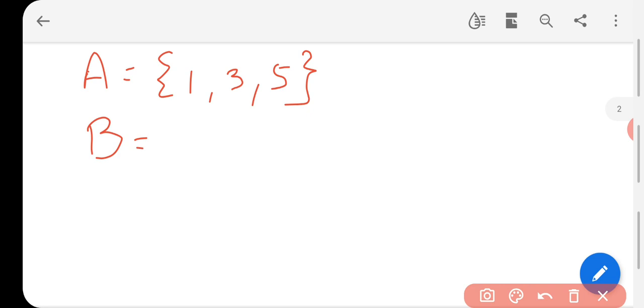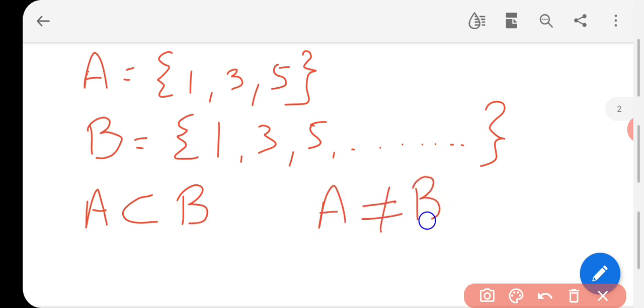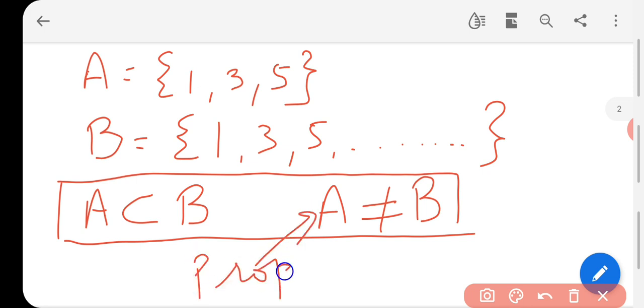B is a set having the elements 1, 3, 5 and so on up to n times. After looking at the elements of sets A and B, we come to the conclusion that A is a subset of B, but A is not equal to B. For this condition, we have another type of subset: A is a proper subset.